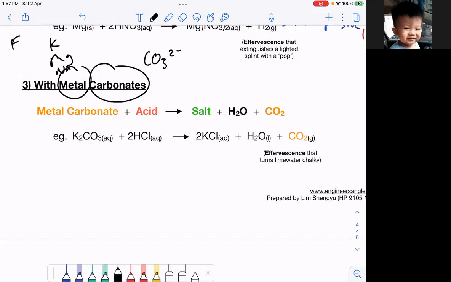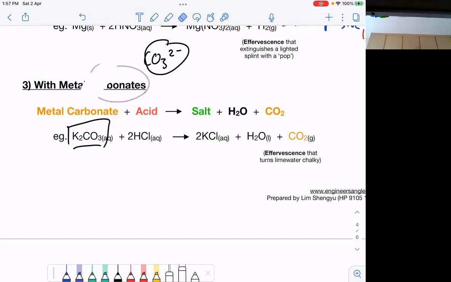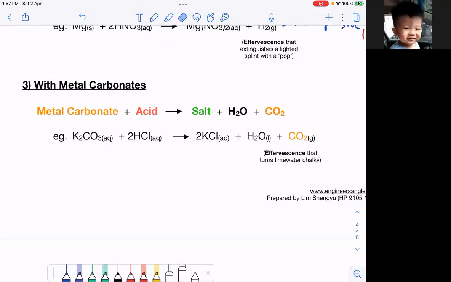Potassium, iron, beryllium, francium, whatever you want. All these metals are not important. This is important: you must form a carbonate. Look at my example. Who can read this one? Potassium carbonate.